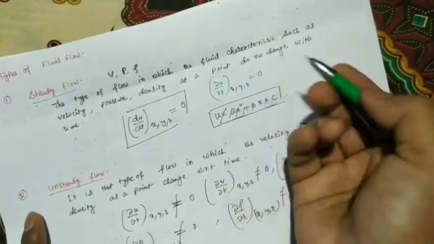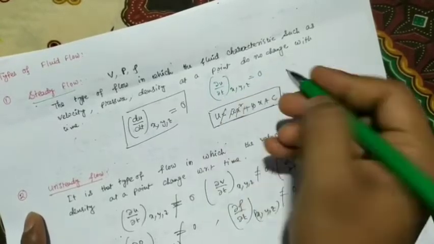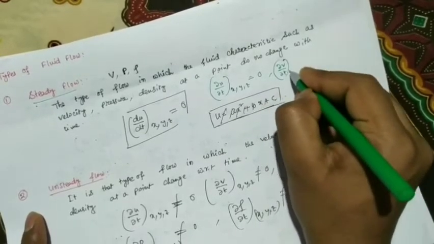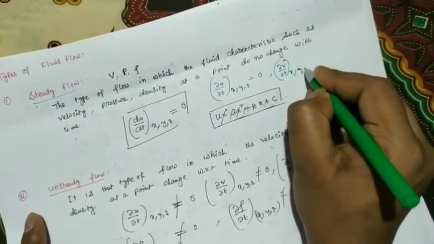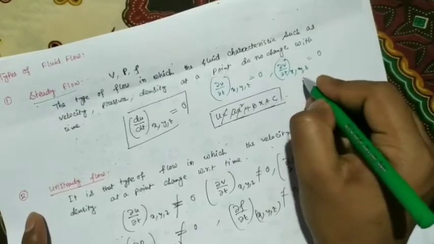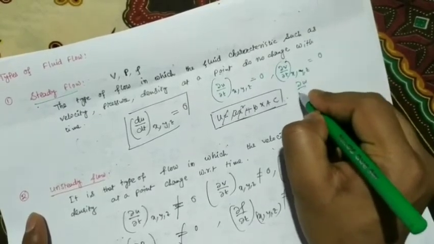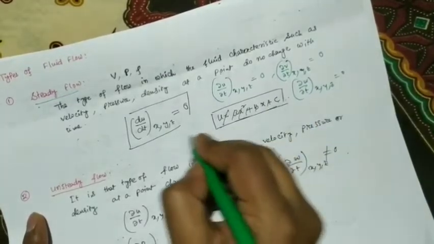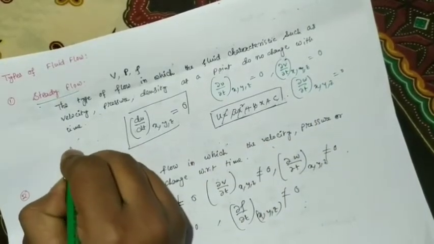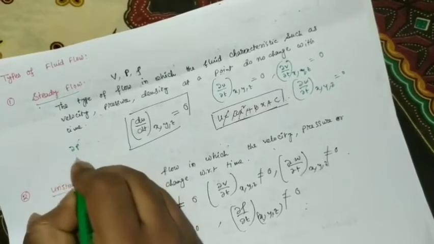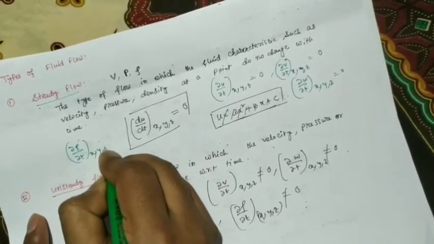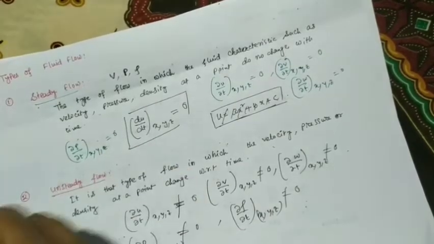There will be no changes with respect to time. Similarly, del v by del t, del w by del t, and del p by del t for pressure at x, y, z will be 0.